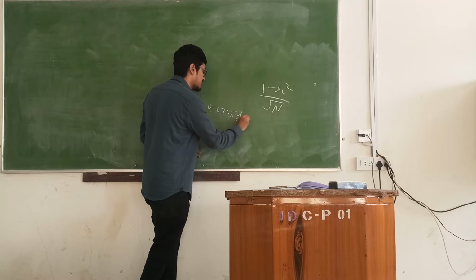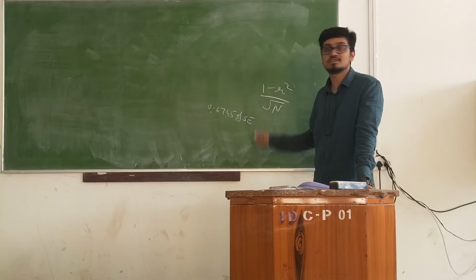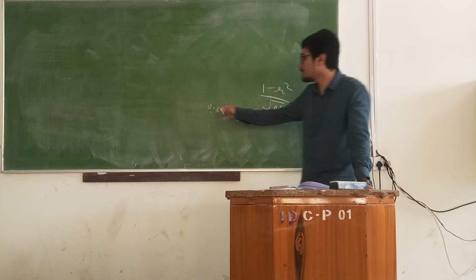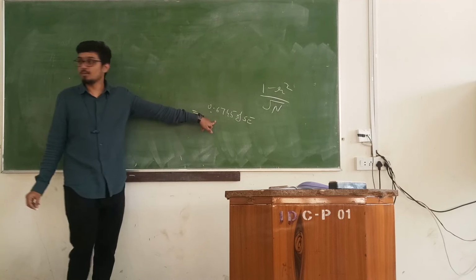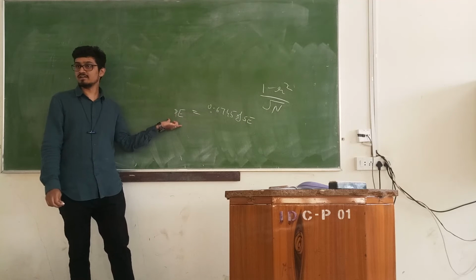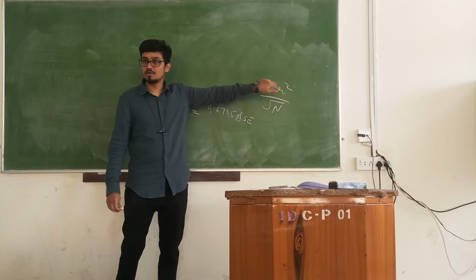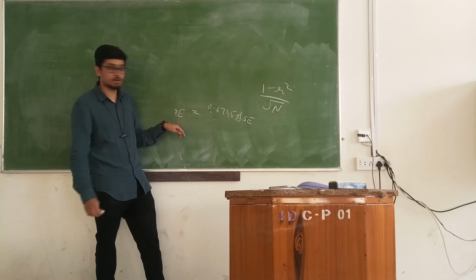Probable error is 0.6745 of standard error. So in the exam, if they ask for probable error and give R and N, find the standard error, and that into 0.6745 gives you the probable error.